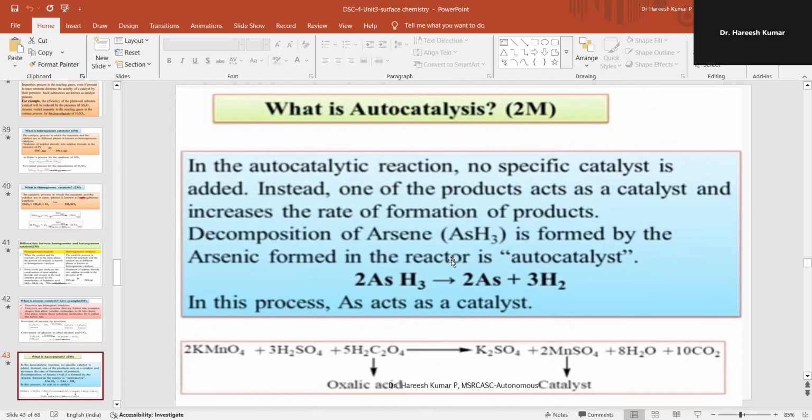Decomposition of arsine: arsine, AsH3, is formed, and the arsenic formed in the reactor is the autocatalyst. Once arsine is formed, the reaction proceeds faster compared to before. In this process, arsenic, As, acts as a catalyst.